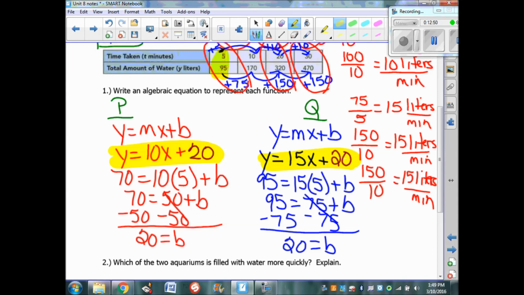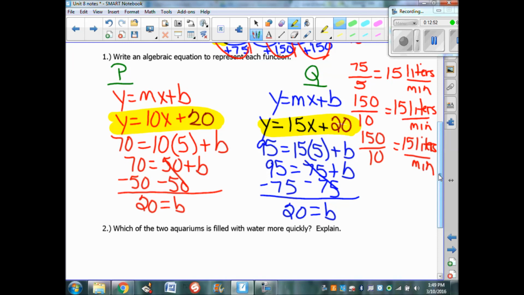So let's see what kind of information they're asking us. It says, which of the two aquariums is filled with more water quickly? So what we've got to look at is our rate of change. 15 for aquarium Q and 10 for aquarium P. Which one is going to be filled faster?